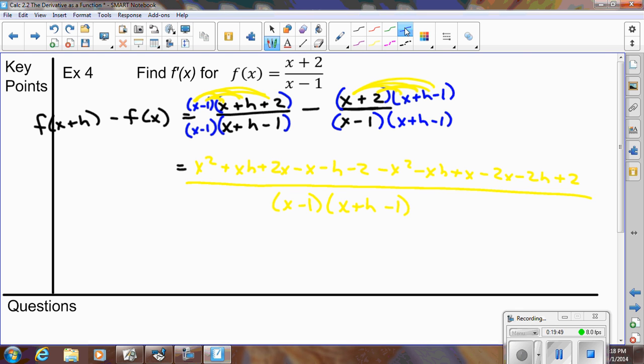We can look at this and see that some pieces are now going to cancel. For example, x squared minus x squared, negative 2 positive 2, positive x with negative x, positive 2x, negative 2x.